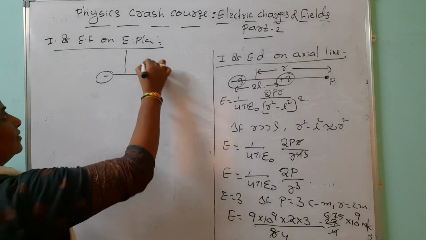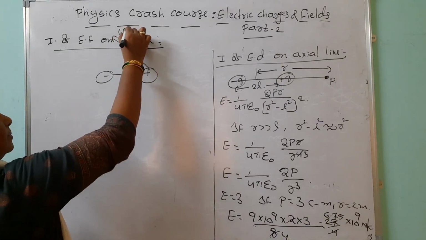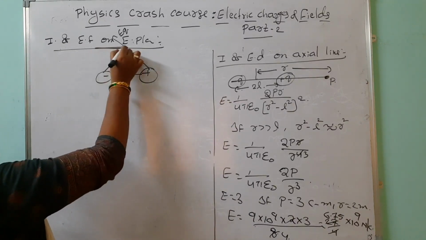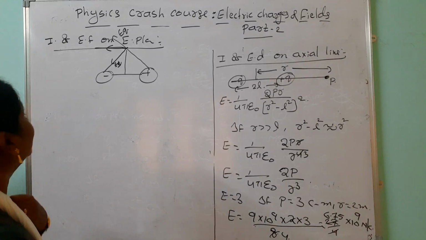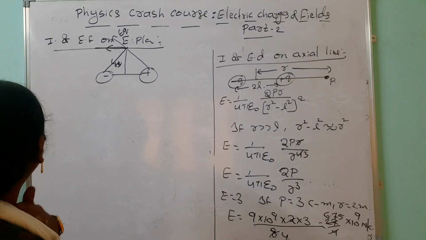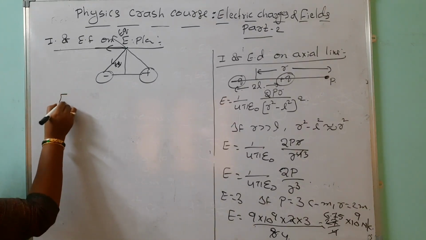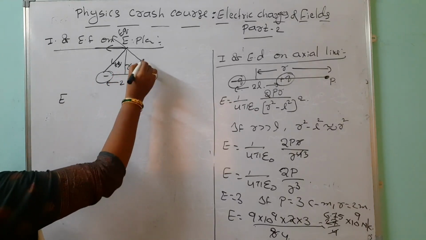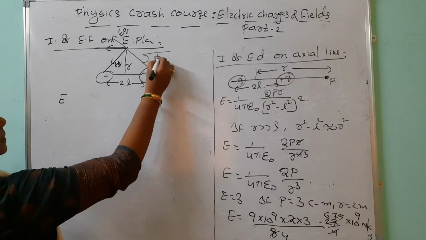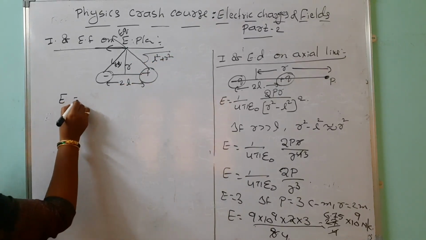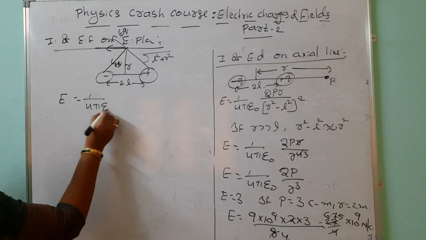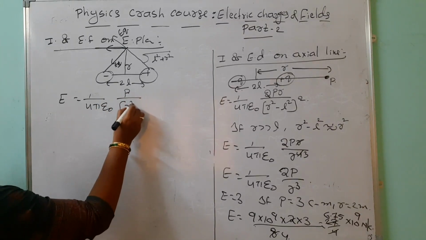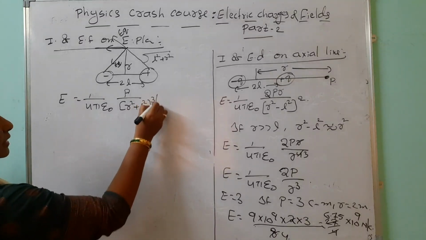You know the direction of the intensity is away from the positive charge and towards the negative charge. This diagonal represents the intensity of the electric field on the equatorial plane. After simplification, this length is 2l, this distance is r, and it is under root l square plus r square. E equals 1 by 4 pi epsilon naught, p by (r square plus l square) whole to the power of 3 by 2.